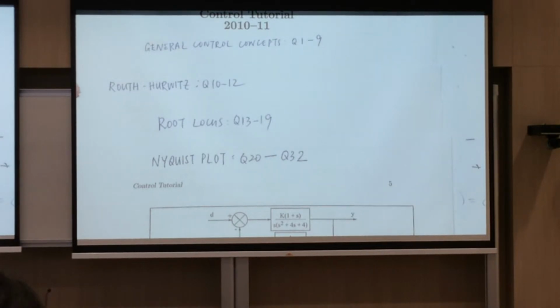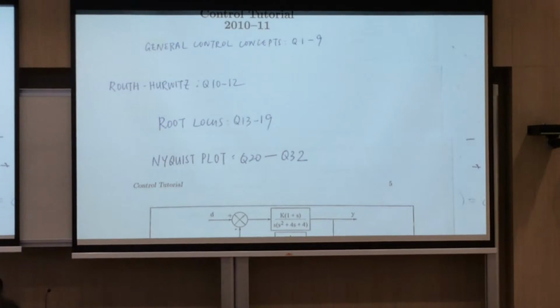For Routh-Hurwitz and the stability criterion, what do you need to know? You need to know the 3 rules, for first and second order systems, for third order systems, and for higher order systems. Based on the 3 rules, be able to tell the range of K for which the closed loop system is stable, by identifying the characteristic equation.